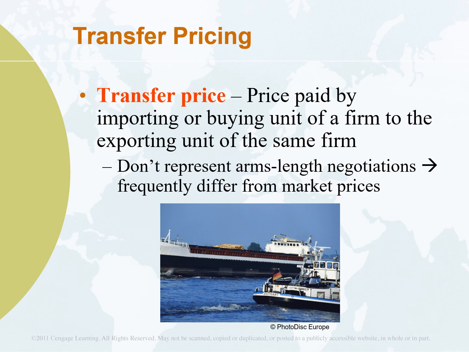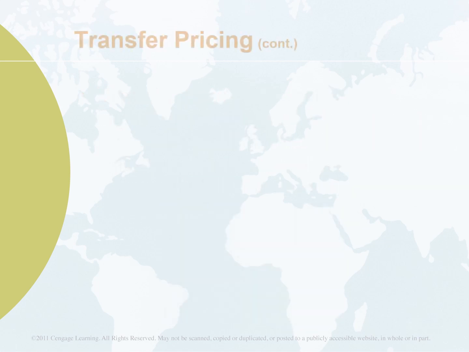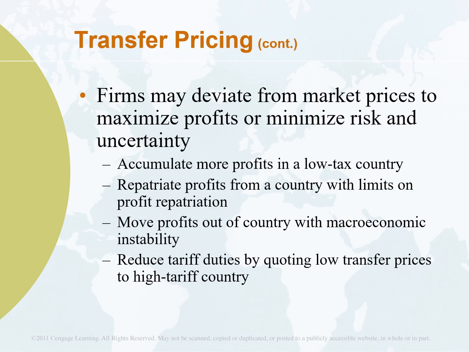A company may charge its own unit a lower price or a higher price, depending on the issues they consider. The firms may deviate from market price to maximize profit or minimize risk and uncertainty. They can accumulate more profit in a low-tax country, so they save on that.